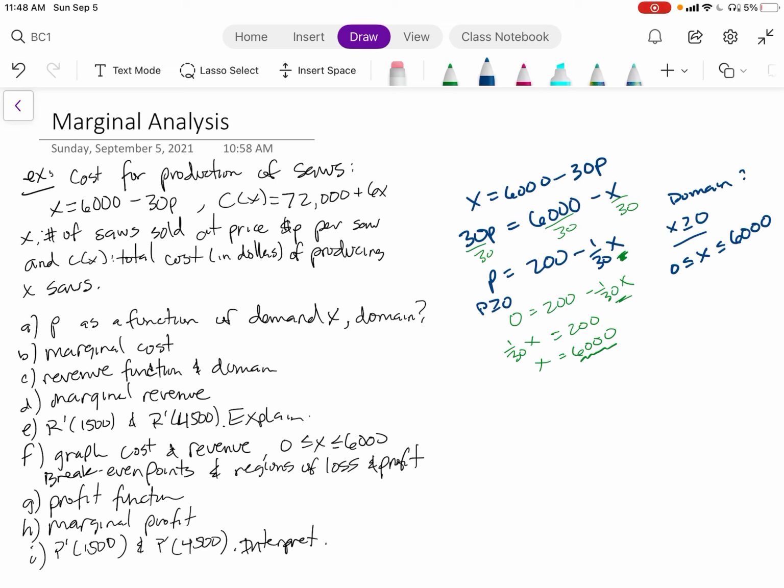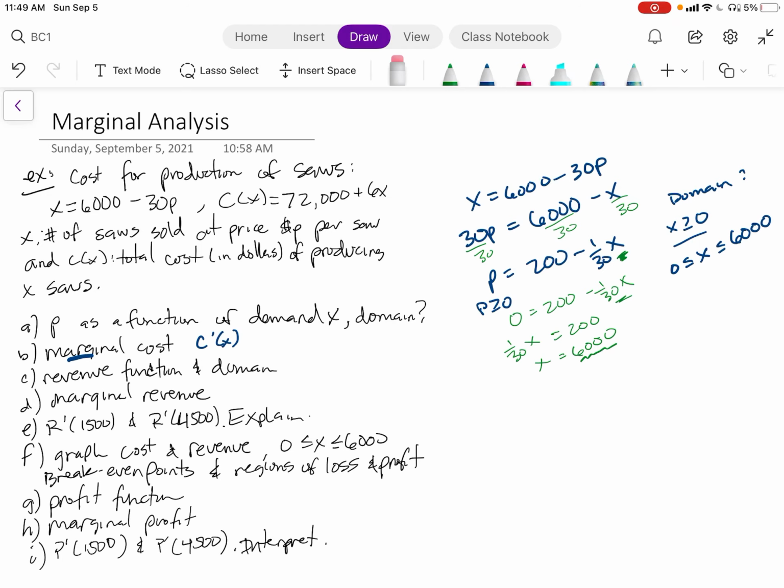The marginal cost. Anytime you see marginal cost, revenue, or profit, you should think derivative. What that is saying is C prime of X, the change of cost if we were to increase production by 1. That's the derivative, the instantaneous rate of change. I noticed I just wrote this problem wrong as well.